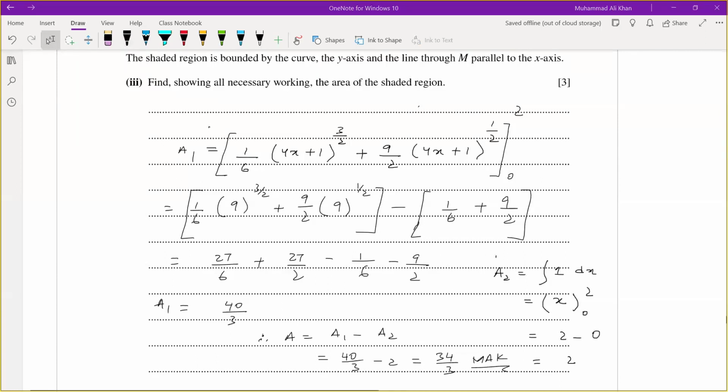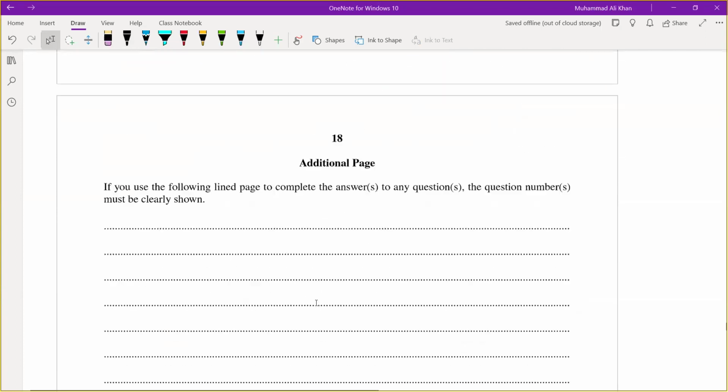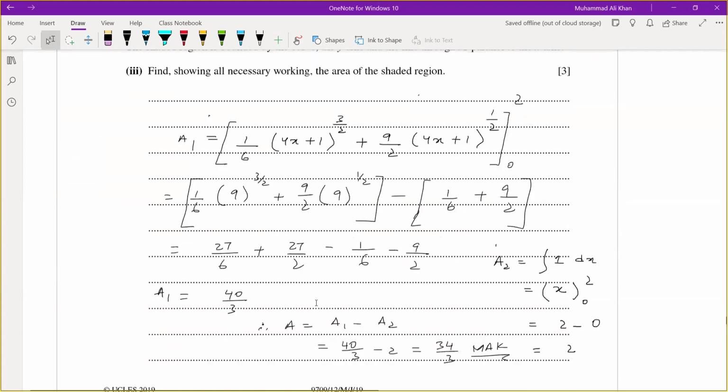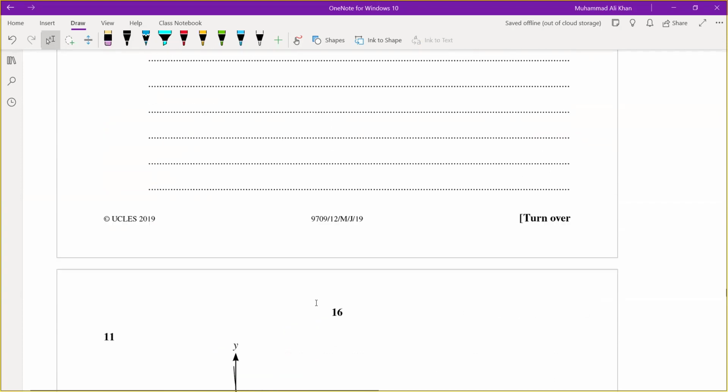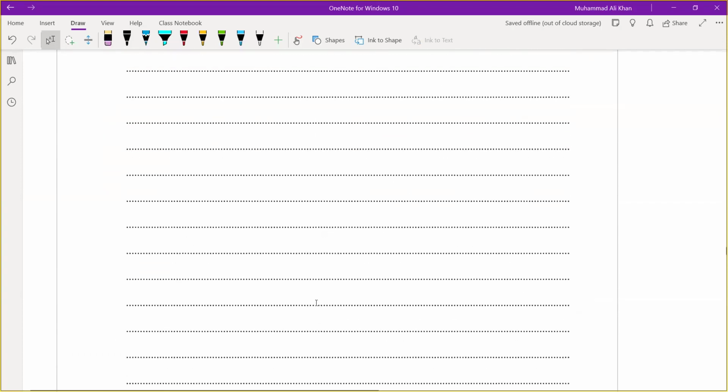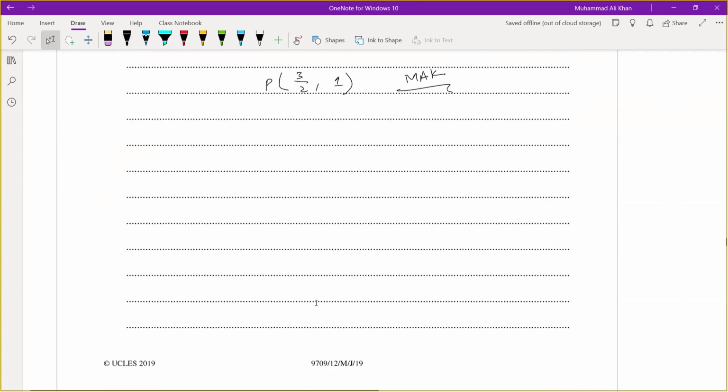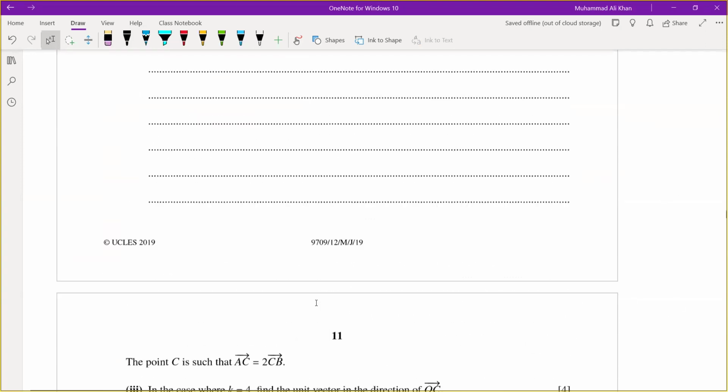Now, after that, what to do next? This is the complete paper. In total we had 11 questions in this paper, but we haven't done the question of vectors, which is not in the syllabus now.